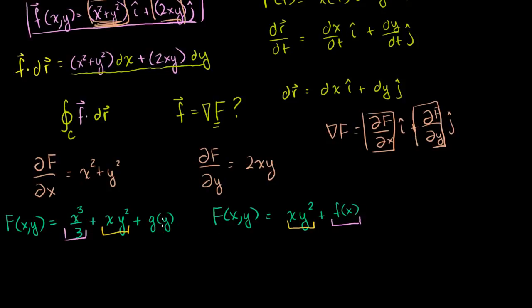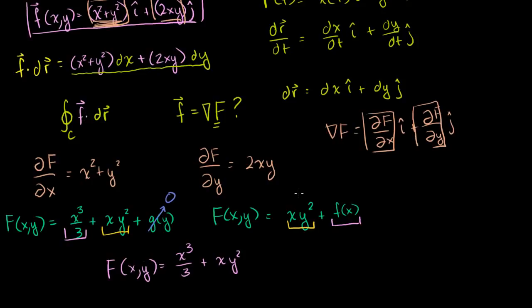Then here we have a pure function of y that might be there, but it didn't really show up anywhere over here. So we could just say that g of y is equal to 0. And then we get that capital F of xy is equal to x to the third over 3 plus xy squared, and the gradient of this is going to be equal to f.